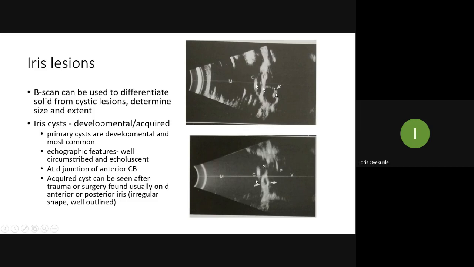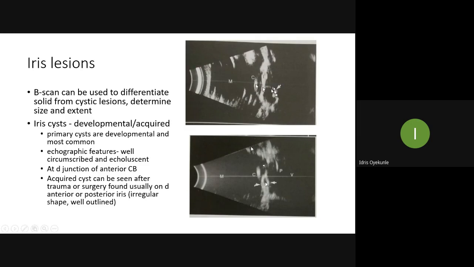This is the cornea here, and you can see the cystic appearance with an echo-free center. This is the posterior aspect of the lens. So this helps differentiate whether it's a primary or a secondary iris cyst.